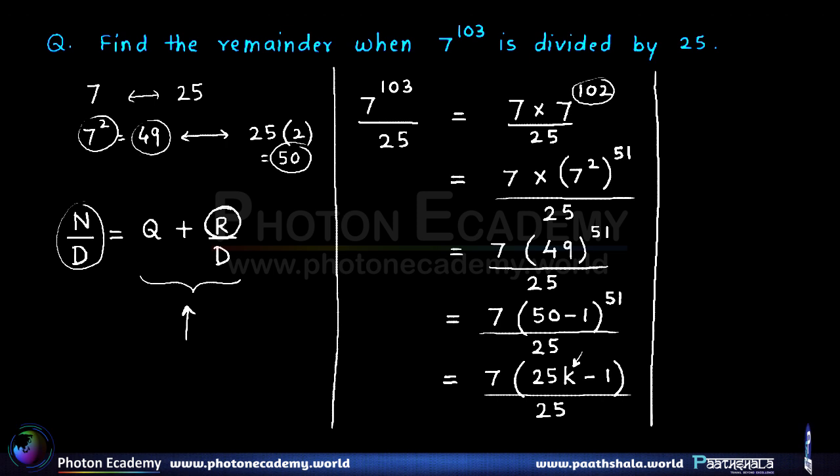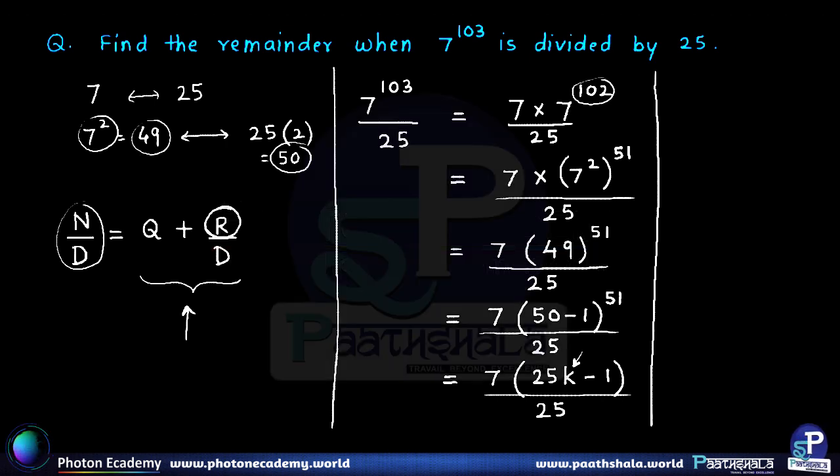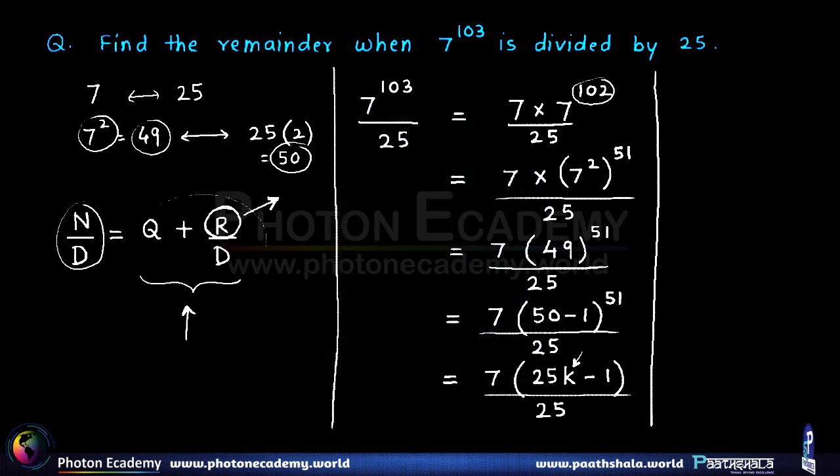Now moving ahead, if we split this, because we finally have to bring it in the required form of q plus r by d, we also have to remember that the remainder must be a positive number. If we split it right now, we will get minus 7 by 25, which is what we don't want. So we will have to add and subtract the divisor, which is 25.